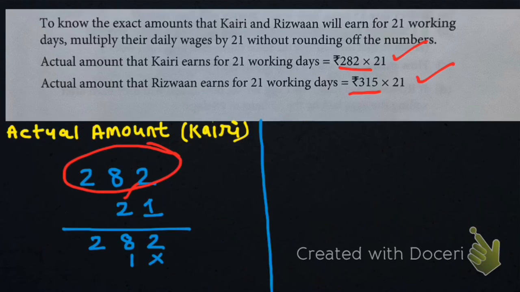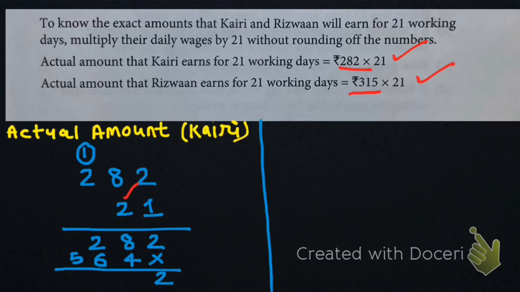So start from ones place. 2 into 2 will become 4, and 2 into 8 will become 16, write 6 here, and carry forward 1. Then our answer is 5. So total answer will be 2, 8, 10, 4, 12, carry forward 1, then 6 plus 1 is 7, 8 plus 1 is 9, and 5. So this is the actual amount.